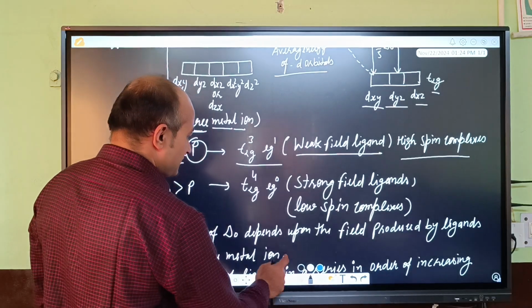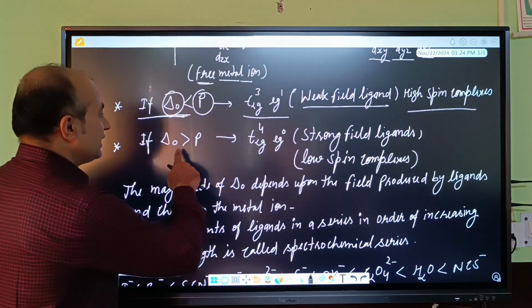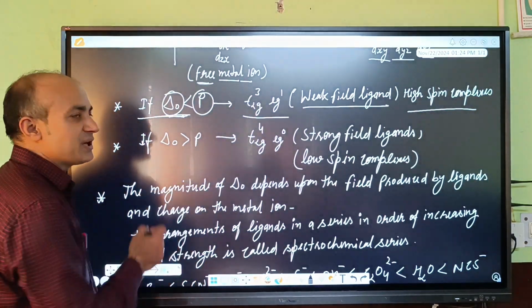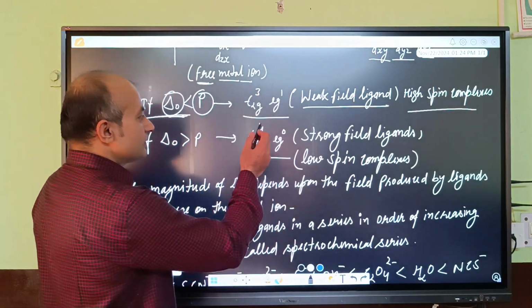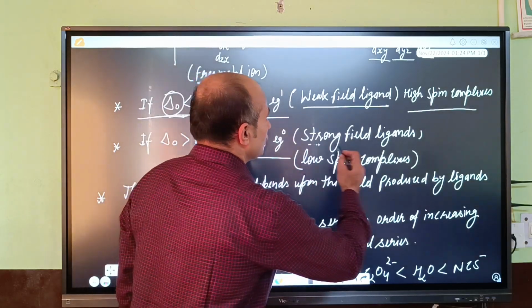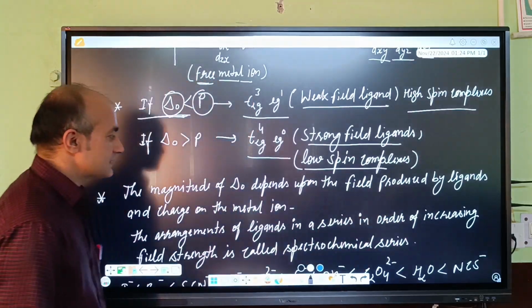In the next case, if delta O is more than the pairing energy, then the configuration will be T2g4 Eg0, and these complexes of strong field ligands are low spin complexes.